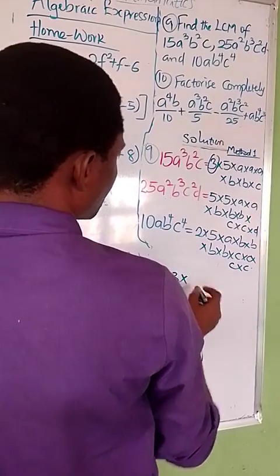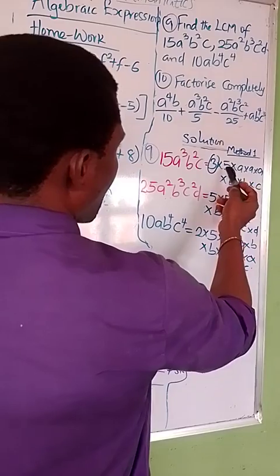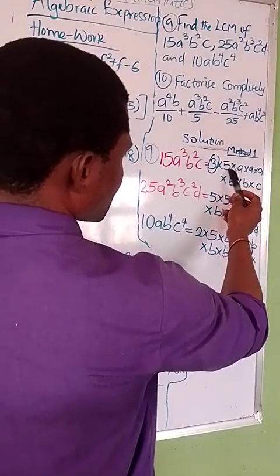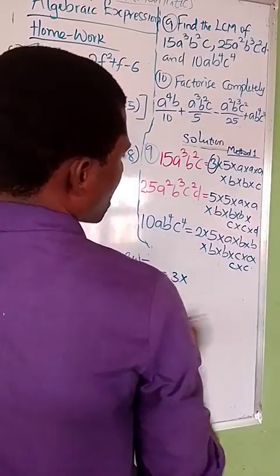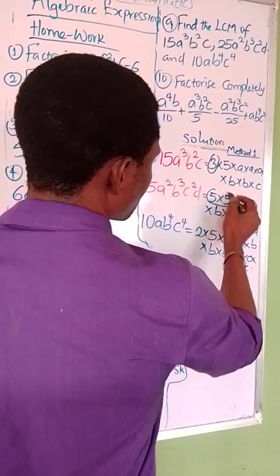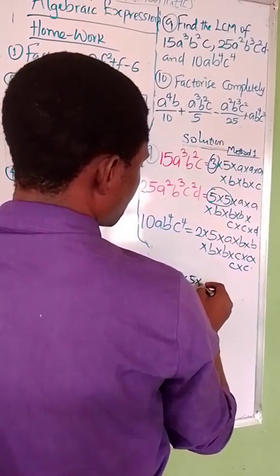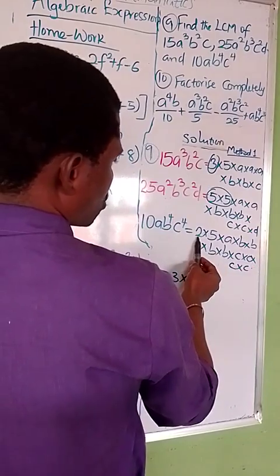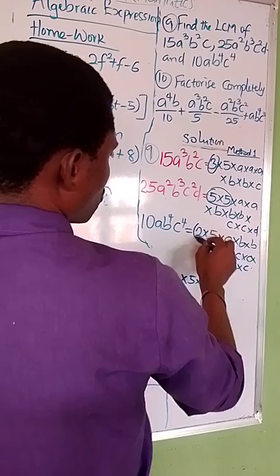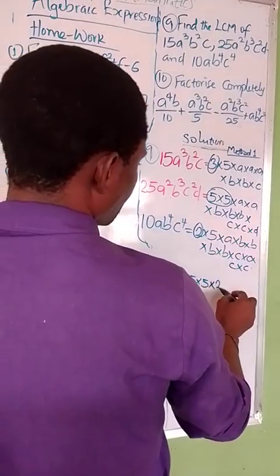Then 5 is represented here 1 time, but here it's represented 2 times. So we'll pick these 2 times, 5 times 5. Then we come here. 2 is represented only here. So we'll pick the 2 here.